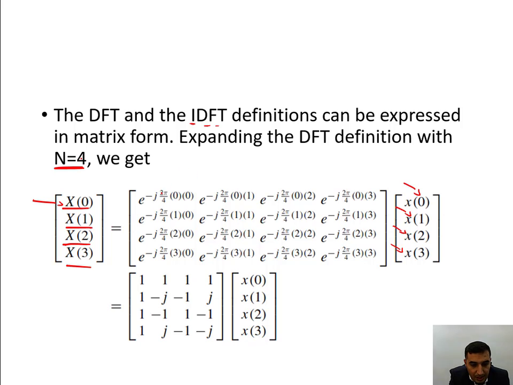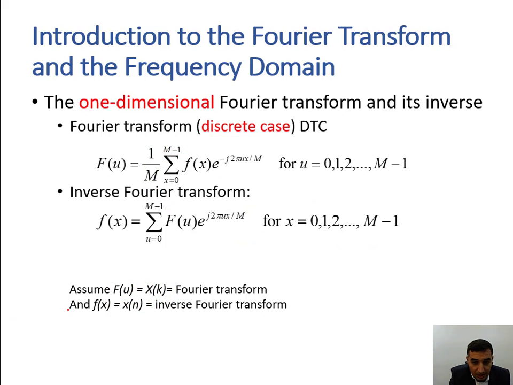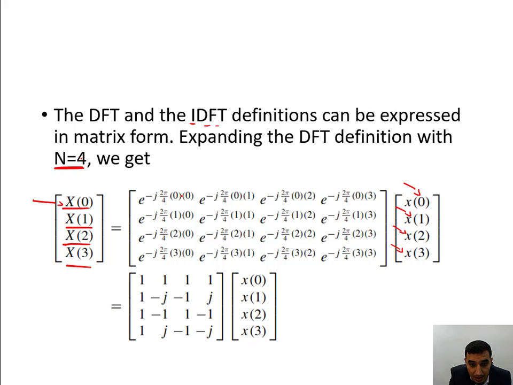Now, the Fourier transform is basically this matrix, e to the minus j 2 pi over 4, m is equal to 4, multiplied by m n: 0, 0, 0, 1.